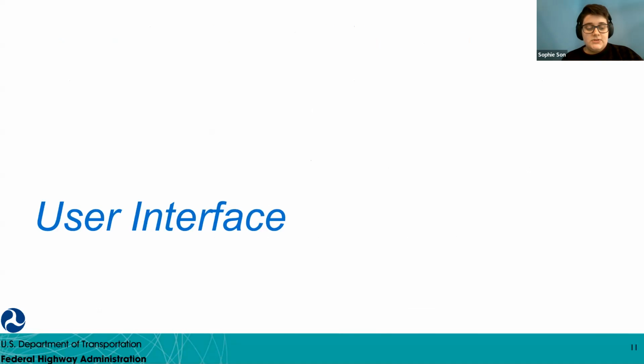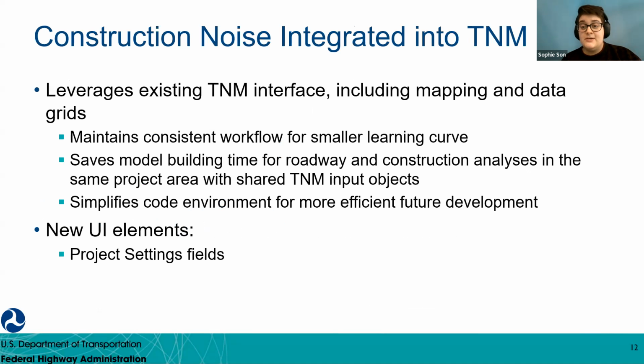So let's get into the user interface changes. As I mentioned, most of it is unchanged. We started with the base from TNM 3.1. So if you're already familiar with using TNM 3.1, the learning curve should be pretty slight to get used to TNM 3.2.